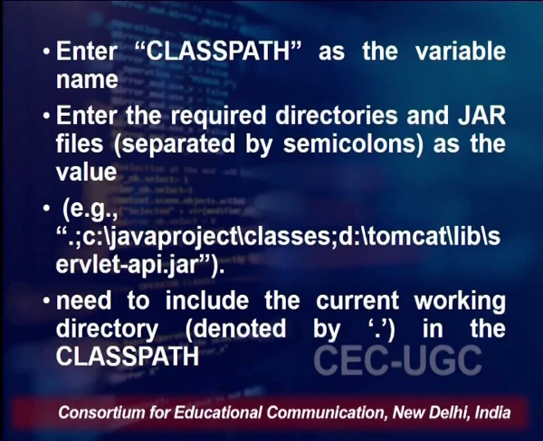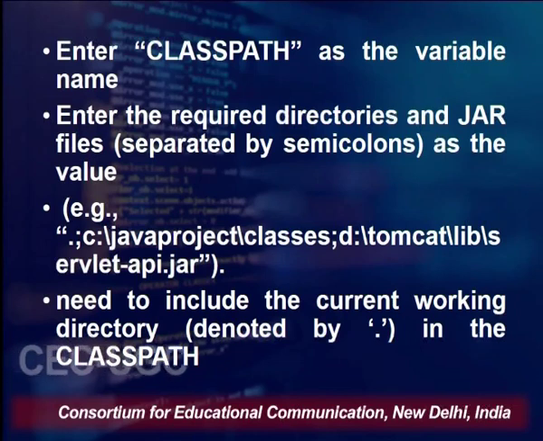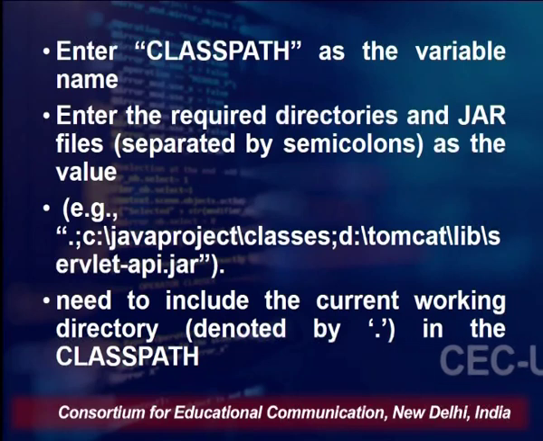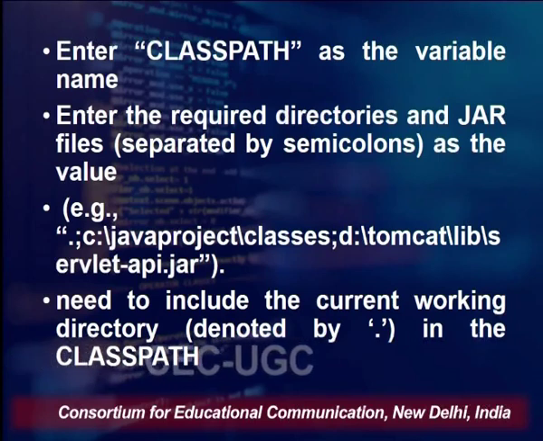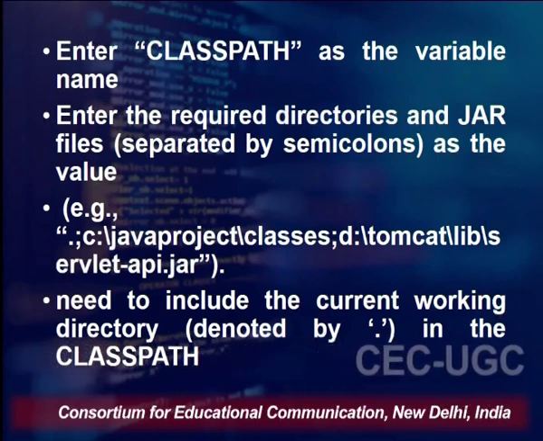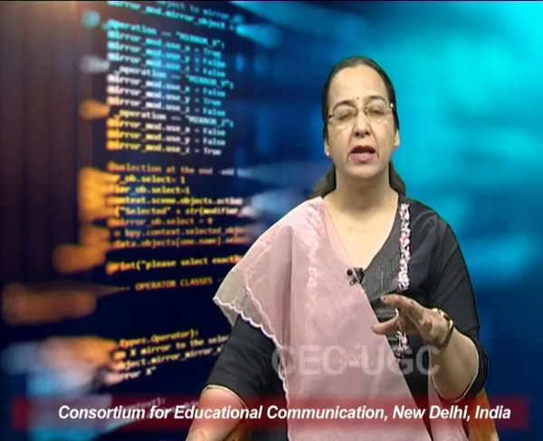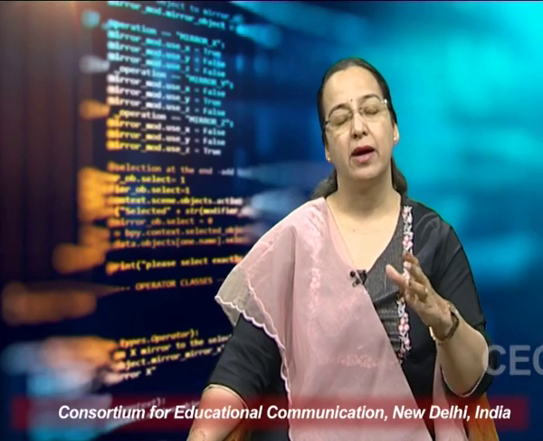One is the current directory, another is the classes directory within the Java project inside the C drive, and one particular file, servlet-api.jar, which is stored inside the lib subdirectory of the Tomcat directory of the D drive, is also entered in the classpath. So, whatever class files are stored in these locations can be directly accessed by the Java compiler or Java runtime system.